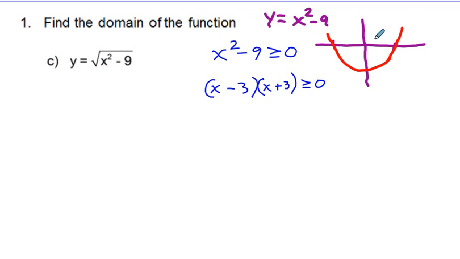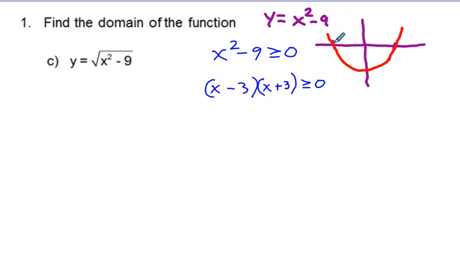We want to find where this value is greater than or equal to 0.